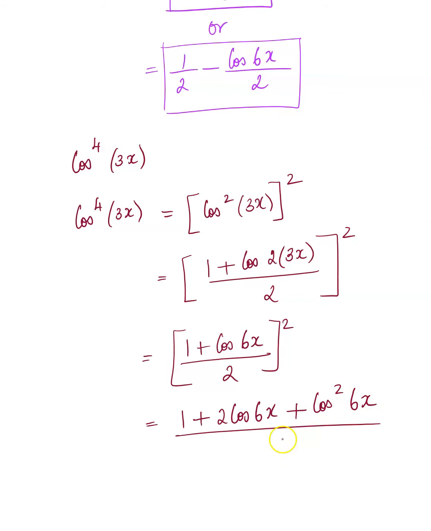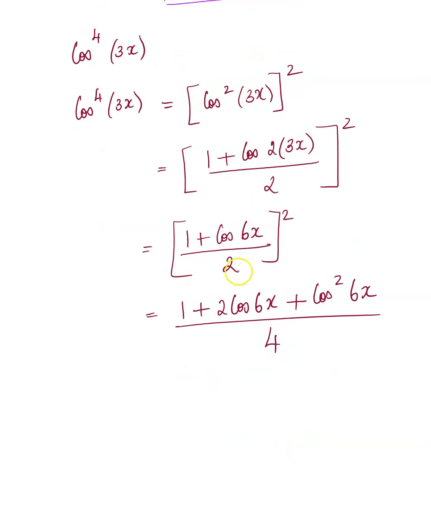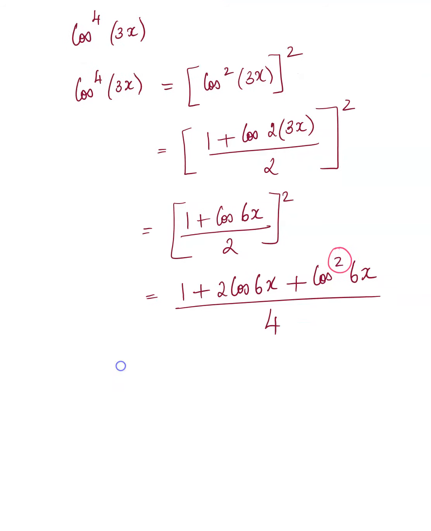Cosine squared 6x all over 4. This is what we get. Now we haven't simplified it fully, because the condition said that after you write an equivalent expression, it should not have any trig functions with powers more than 1. We do have the power 2 here, so we need to reduce this. So I have to rewrite this as 1 plus 2 cosine 6x plus, for that I have to use the power reducing formula.